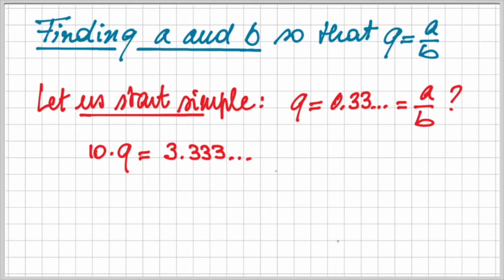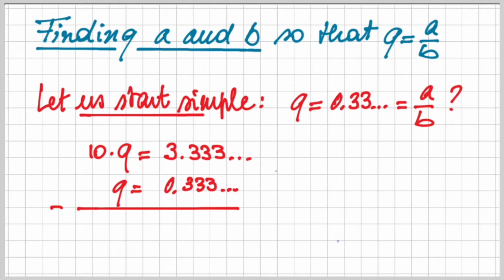And what do we see? And that's very important, the repeating decimals are still there. All the decimals of 3.333 are there, and when we subtract q, we remove all the repeating decimals, and that is the goal.